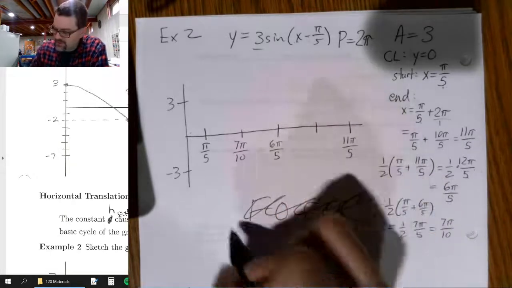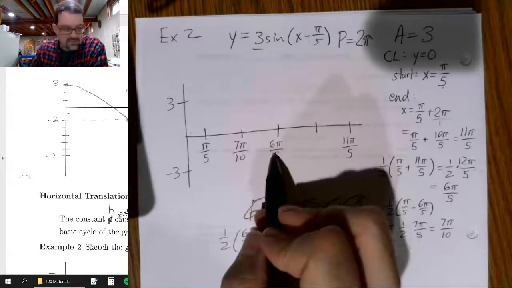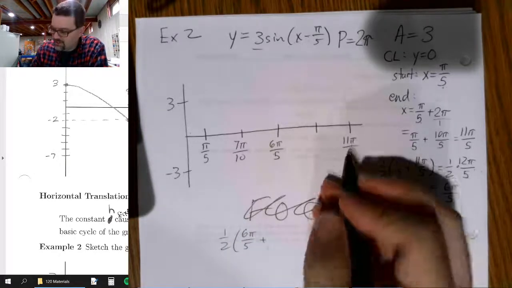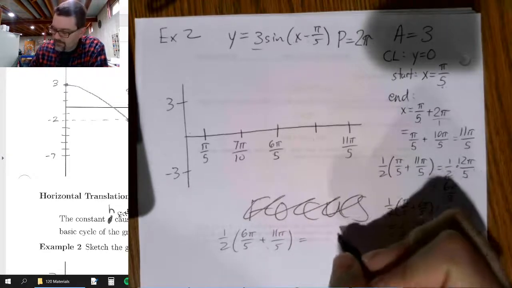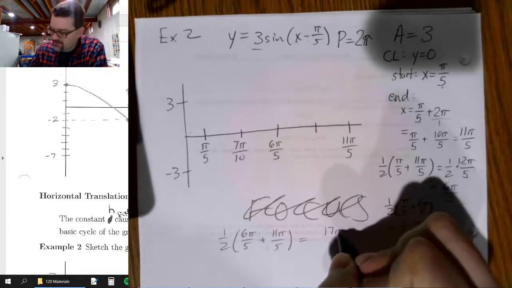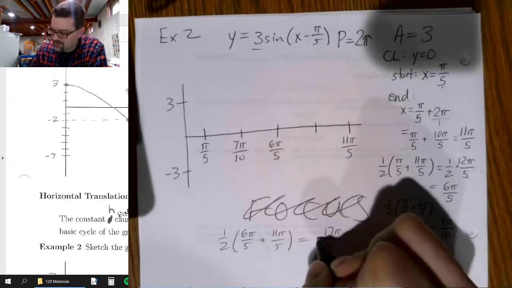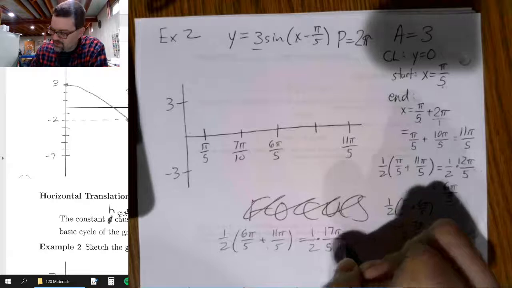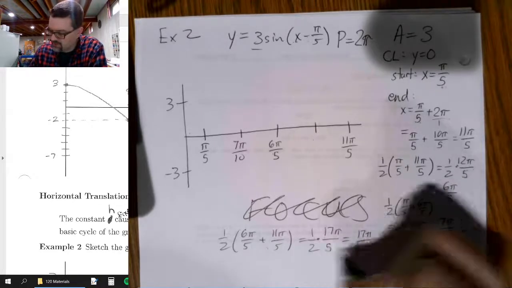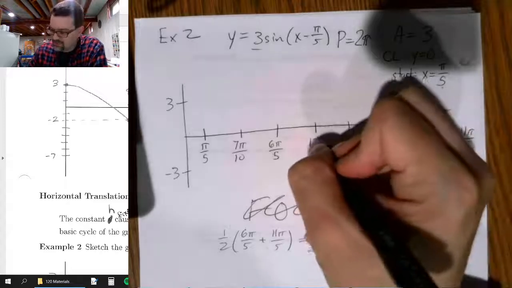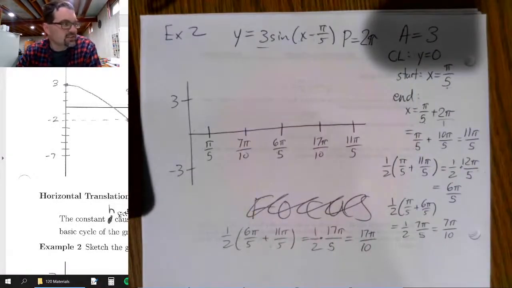And then finally for that spot, halfway in between 6 pi over 5 and 11 pi over 5 is a total of 17 pi on top, 6 plus 11, 5 on the bottom, times the 1/2, 2 doesn't cancel, and we get 17 pi over 10. What lovely x values we got there. There they are.